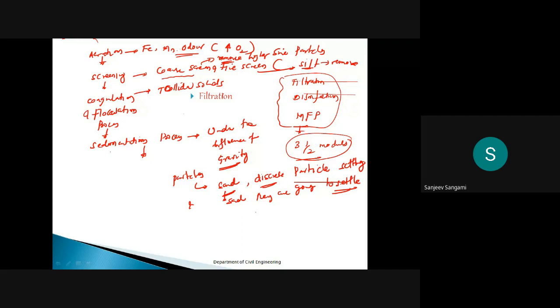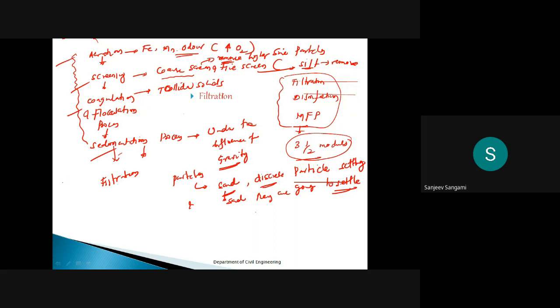So then, why is this filtration required? Normally what will happen is that even after all these processes, some of the solids are going to pass through the screening, coagulation, flocculation, sedimentation, and aeration processes.